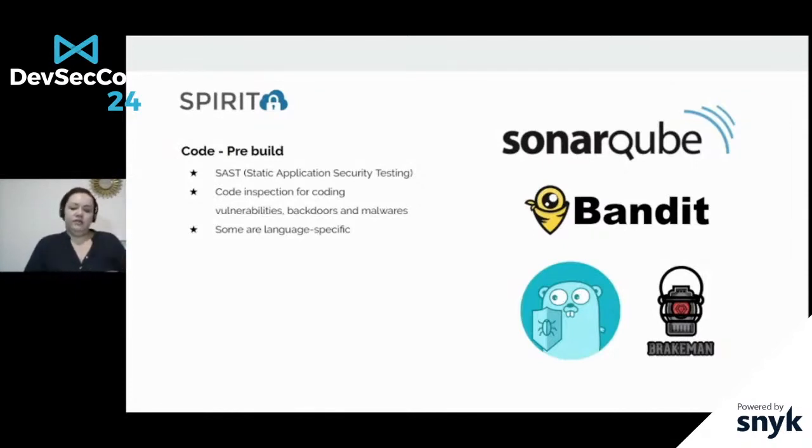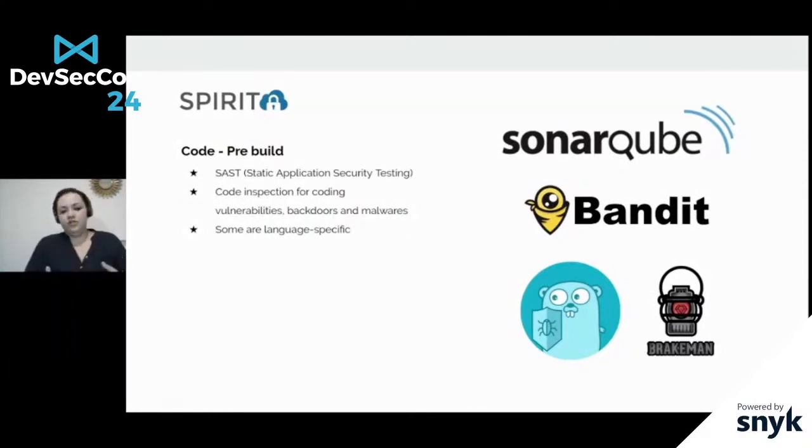Some of the tools are language specific, such as the Golang lint, but SonarQube, all four of these are open source tools. SonarQube is able to check more than 20 languages.